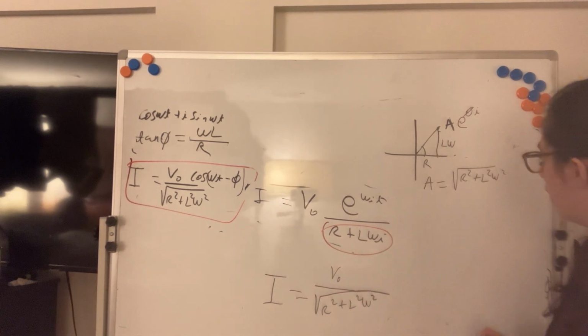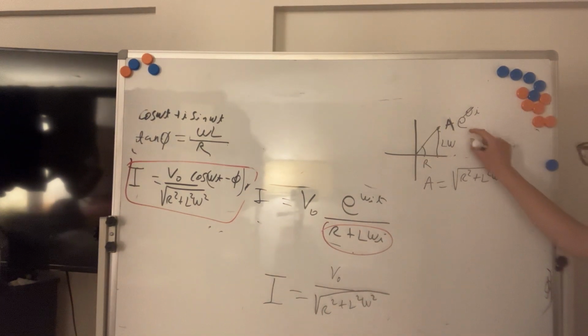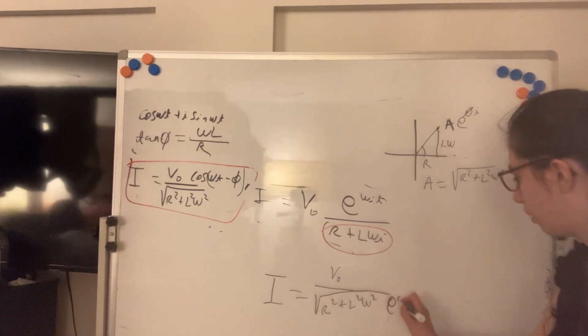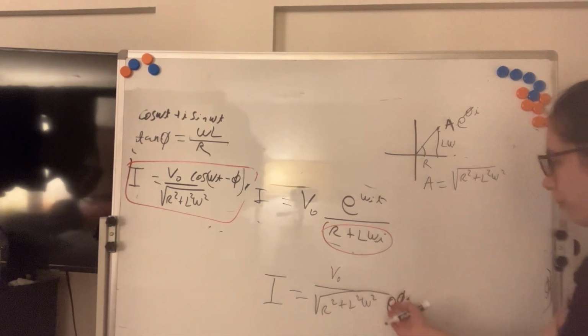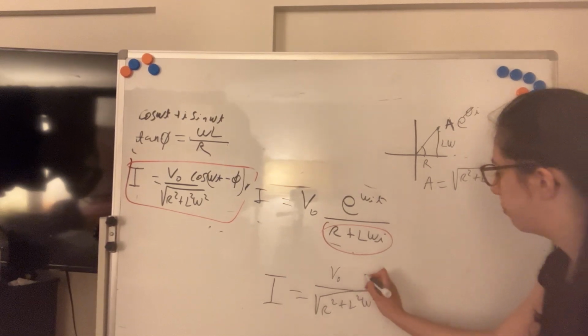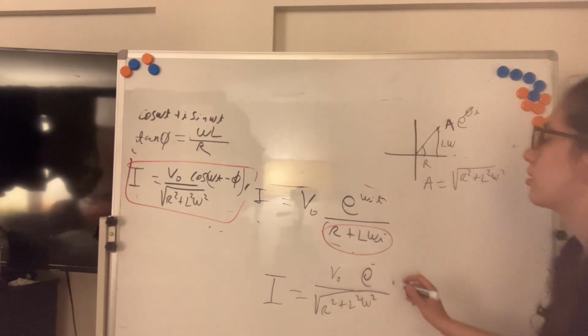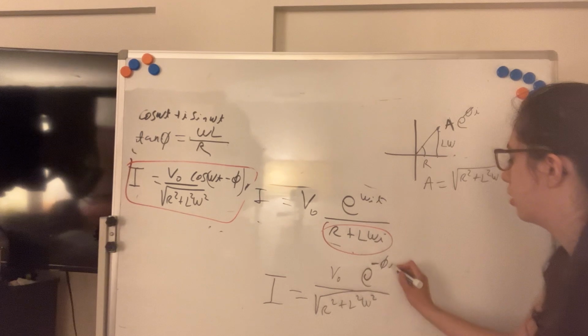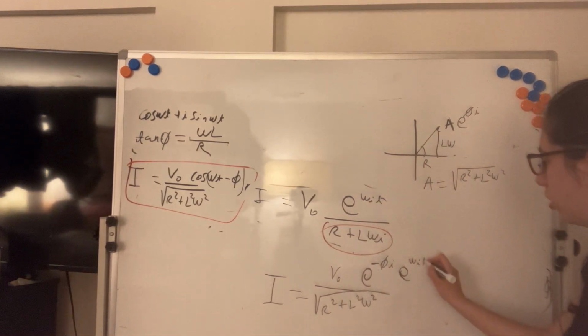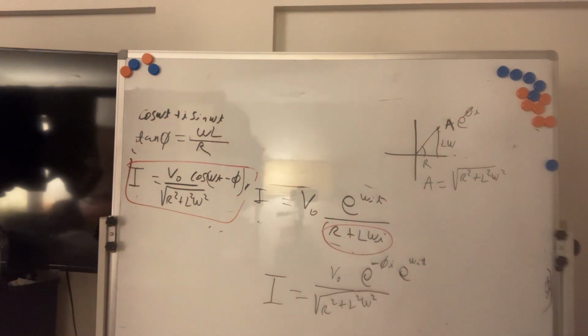And now this e to the phi I passes to the other side as e to the negative phi I, and e to the omega I t.